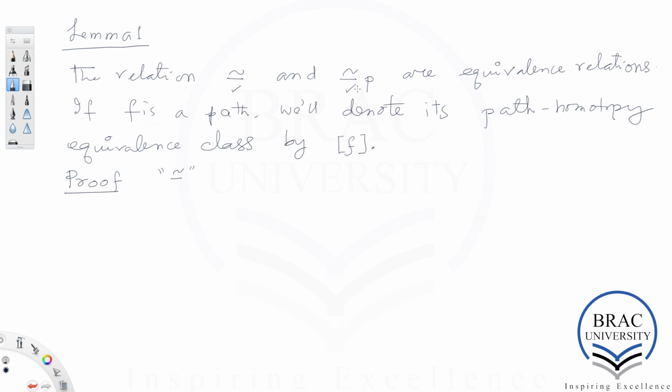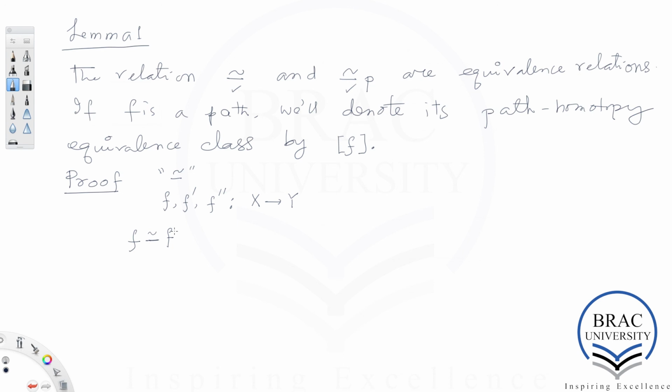Okay, so we start with three continuous functions, f, f prime and f double prime, from the topological space X to the topological space Y. Proving f is homotopic to itself is simple.